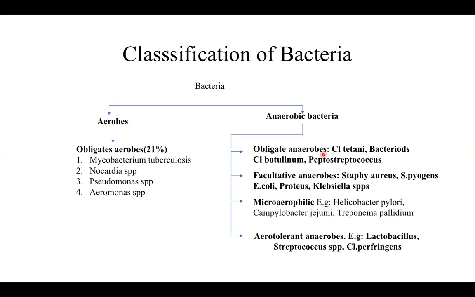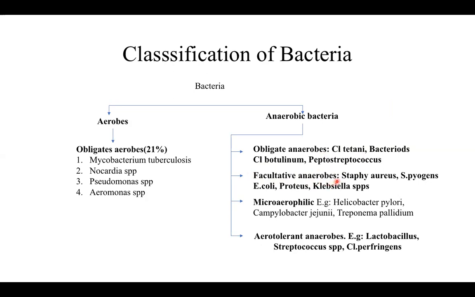And another is facultative anaerobes. These are the bacteria which can grow in the presence of oxygen or in the absence of oxygen. It doesn't matter if there is oxygen or no oxygen. They can grow in any conditions.